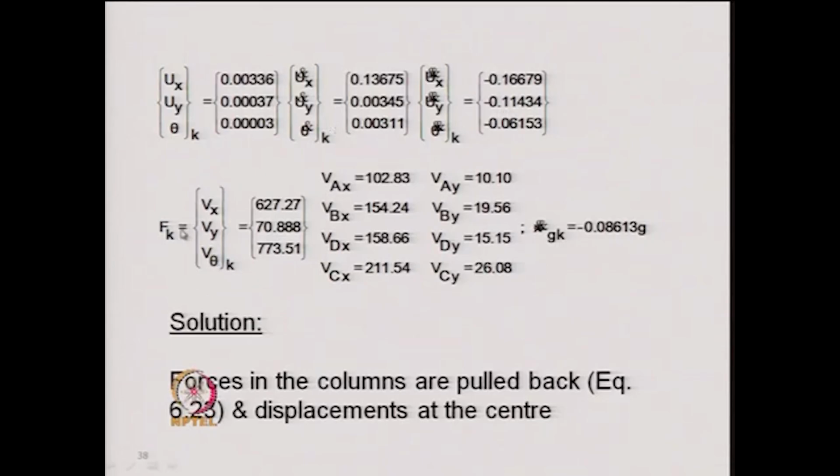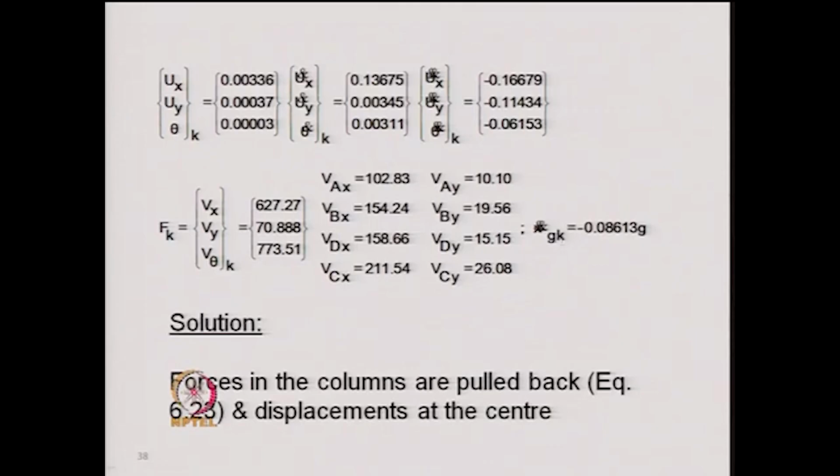The fk, that is, vx, vy and v theta, is given at the center of mass: the total shear in the x direction, total shear in the y direction, and the rotational shear or rotational moment, given as this at the kth time station. The individual shears in different columns in the x and y directions are given like this, and this is the incremental ground acceleration given for that particular delta t.